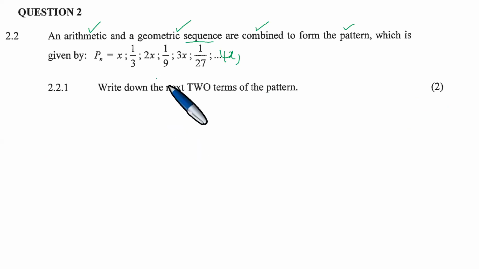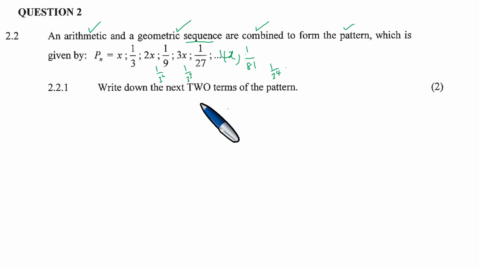This one is 1 over 3, and this one is 1 over 9. So 1 over 9 can be written as 1 over 3 squared, then 1 over 3 cubed. Which means this one is going to be 1 over 3 to the 4th power, which you can write as 1 over 81.